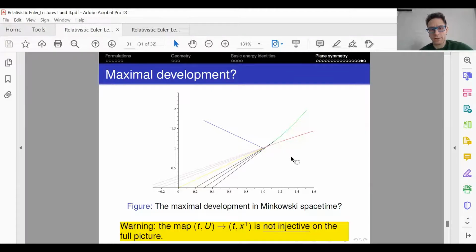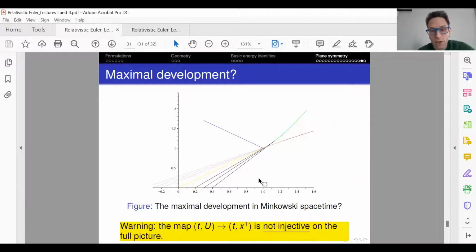Let me just qualitatively tell you what's going on. The basic issue is that, let's say, for the sake of argument, you ignore the red curve.